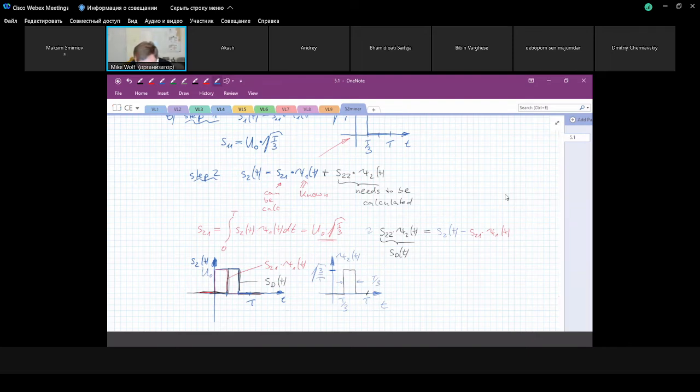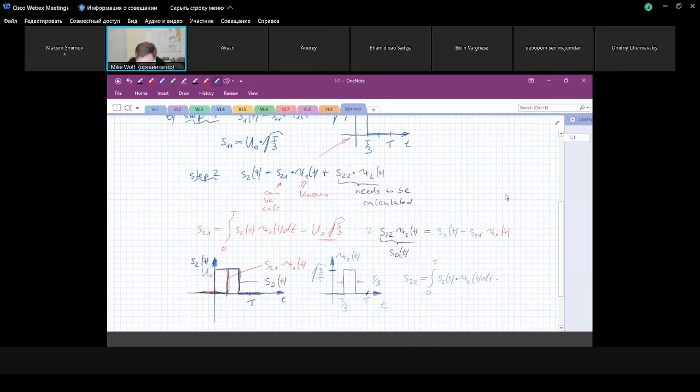And if we have this, we only need to calculate the weighting of this basis function in order to obtain this SD of t, this difference signal. So this is just the weighting S22. You could calculate this by means of the integral of S2 of t times C2 of t dt, because now we have C2 of t.